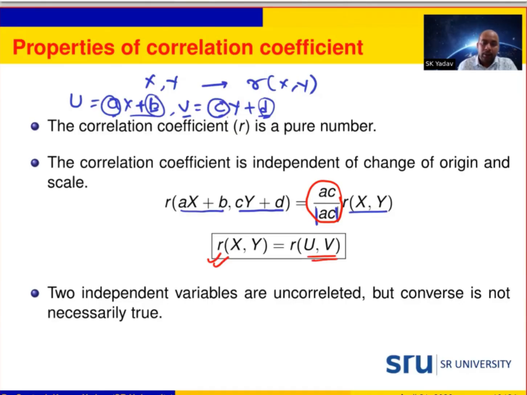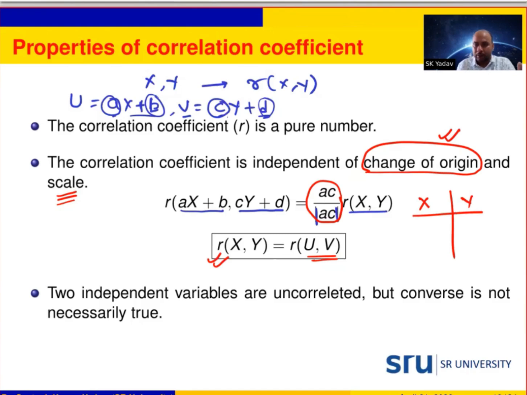That means this correlation coefficient is independent of change of origin, as well as independent of change of scale. I will use this change of origin particularly, because whenever I have data x and y that are very large and may take more time in computation, I will reduce them into u and v.